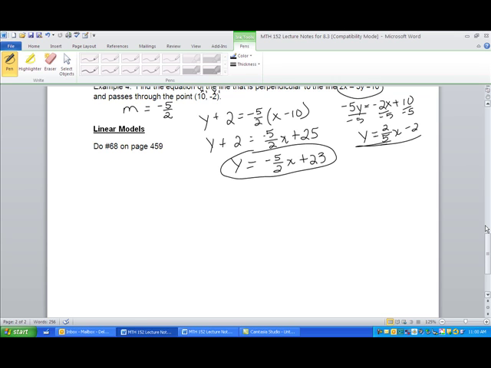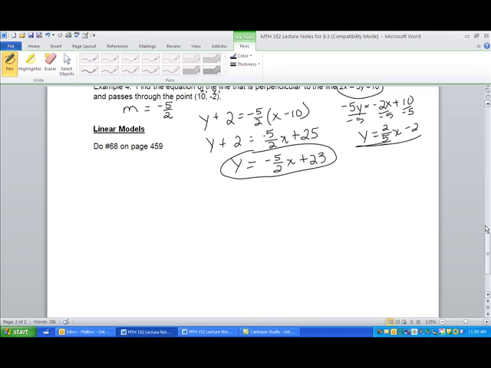And they tell us where that comes from. And it says let x equal 0 represent 1995, x equal 5 represent 2000, and so on. Okay, so plot the ordered pairs. Do the points lie approximately in a line?